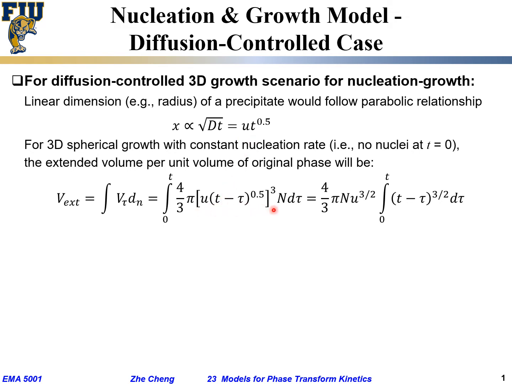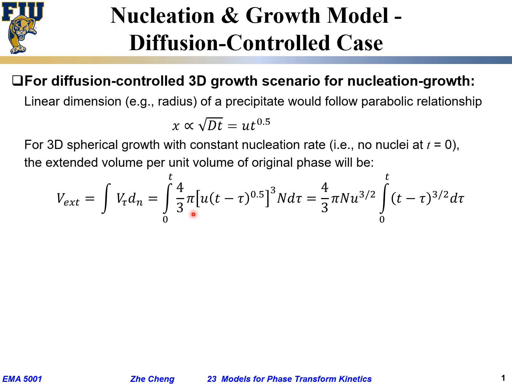And then the radius to the power 3 gives you the volume of a sphere. This gives us the total volume for an individual nucleus formed at time tau, times N, how many of those, times d tau. Of course, this is for the extended volume, which includes overlapping.